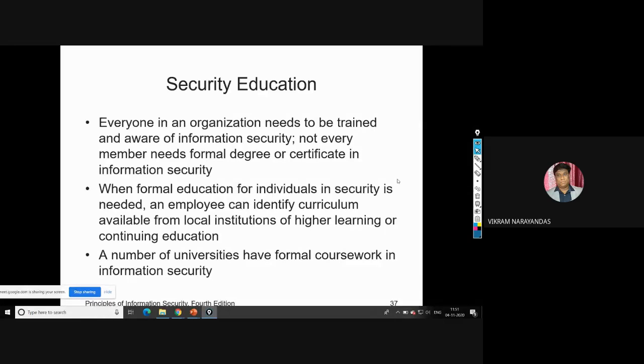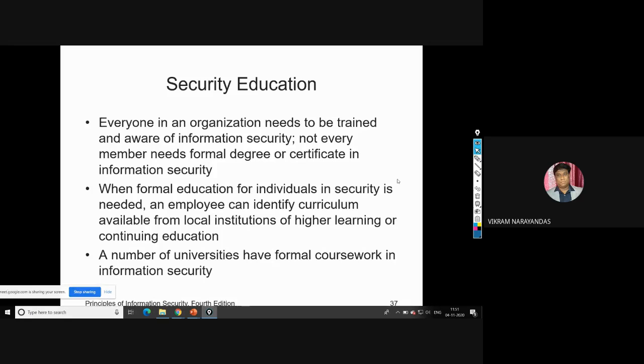Many organizations prefer certifications in information security if you are an administrator, for example working in network administration. But every employee should have awareness of information security concepts and policies.